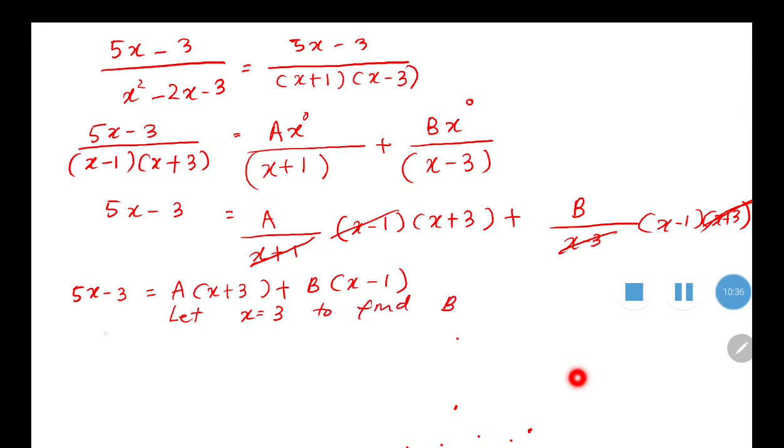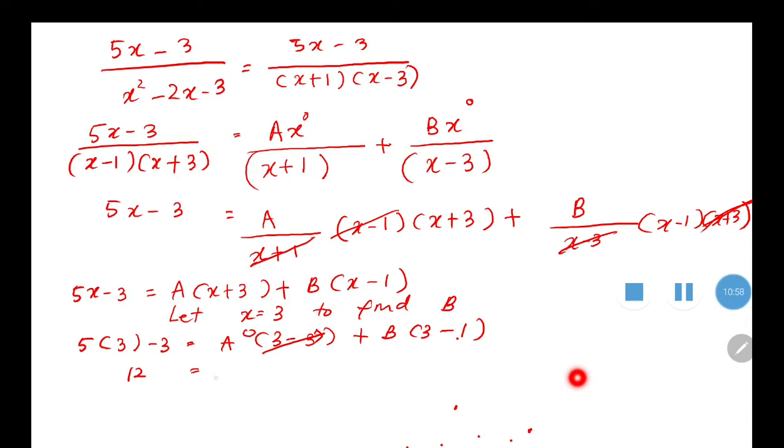To find b, why is that? Some of you can answer that question, but let me show you. So x equal to 3: a(3 minus 3) plus b(3 minus 1). So this one you will get 12, and a(3 minus 3) is 0.